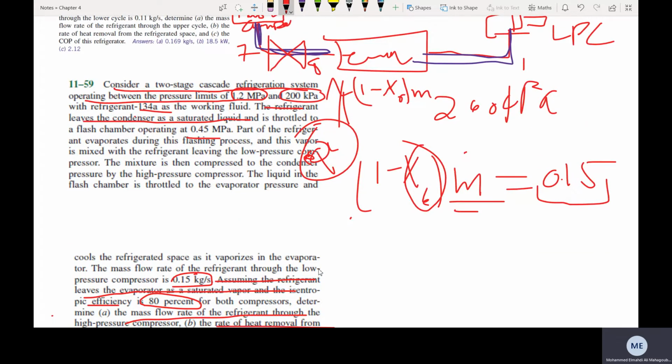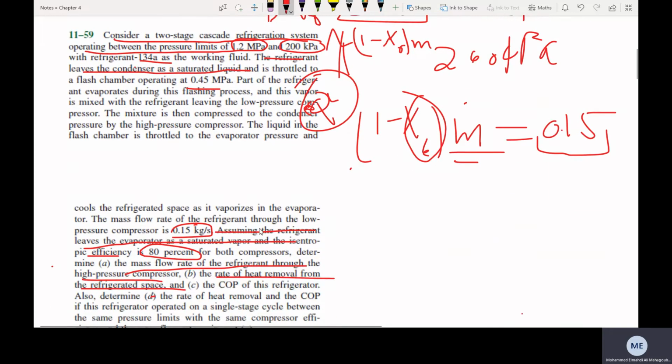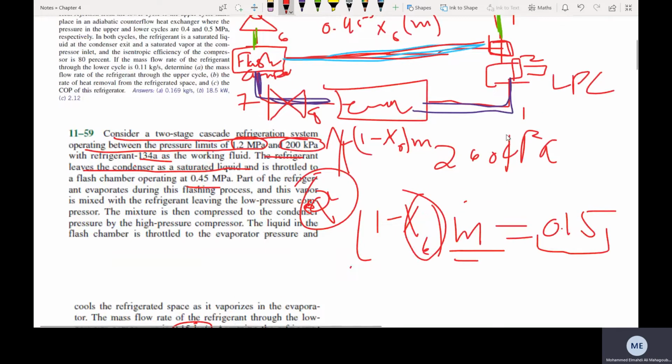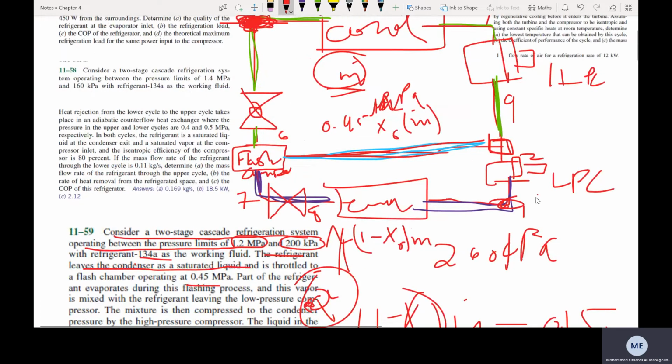The mixture is then compressed to the condenser pressure by the high pressure compressor, assuming that the refrigerant leaves the evaporator as saturated vapor. So he says clearly that this point is saturated vapor.